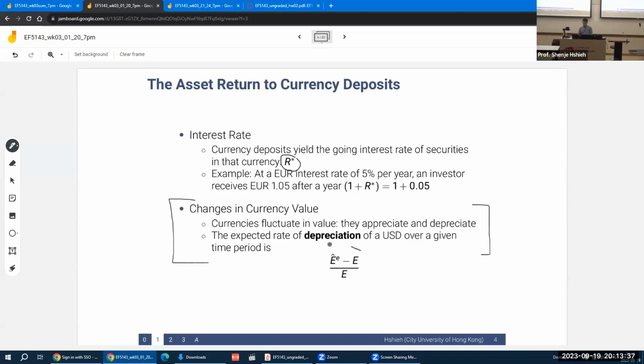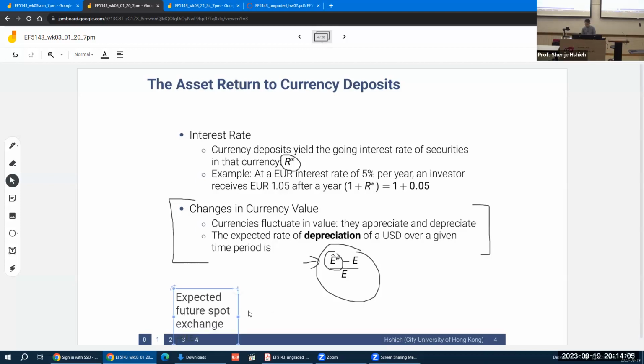Okay, so again, when we're thinking about future E, I'm going to use E hat E to indicate the expected future value of the spot exchange rate. So this term is called the expected future spot exchange rate, E hat E. The E indicates expectation.